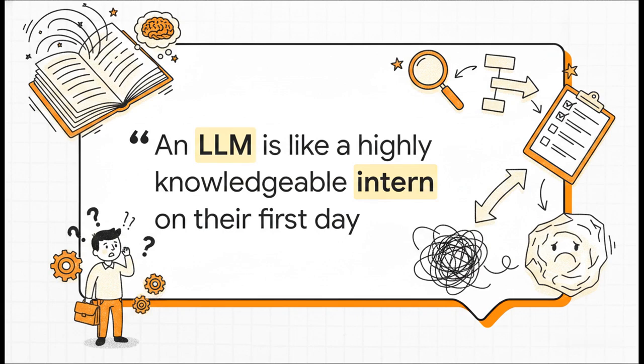They've read every book in the world, sure, but they have absolutely no idea what your specific business does, what your personal preferences are, or what you actually want them to accomplish today. Giving vague instructions to a brand new intern, well, that just results in confusion and poor work. Prompt engineering is simply the absolutely crucial skill of giving that brilliant but kinda clueless intern the clear, direct instructions they need to actually succeed.